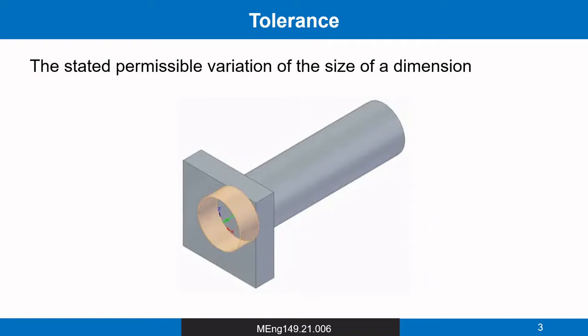In fabrication, I believe in your first year or second year you went through the process of fabrication, right? For example, if you are given a pin to fabricate, you turn it here in the machine shop or here in the department.